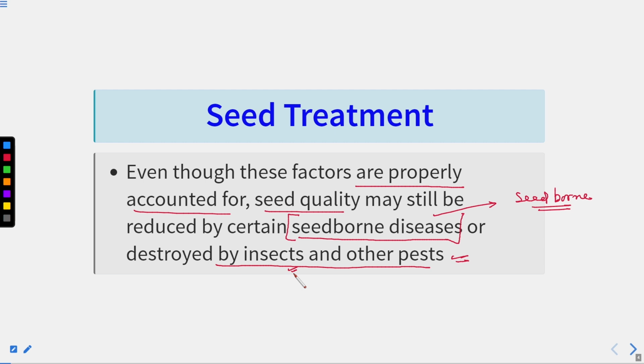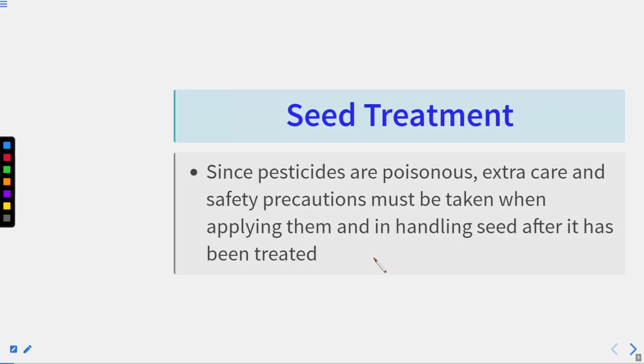Sometimes their larvae can infect those seedlings. Sometimes even the insects can eat away part of your seeds or the seedling. So those plants will not be healthy if they grow. And inside also there may be some larvae or eggs of the insects. So how to control those, that we are going to study.